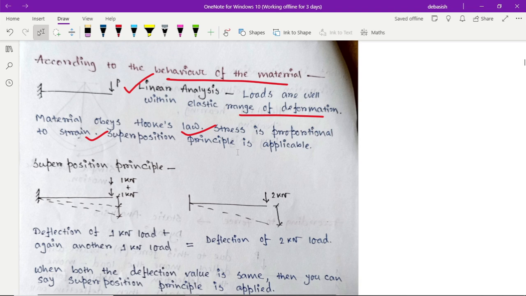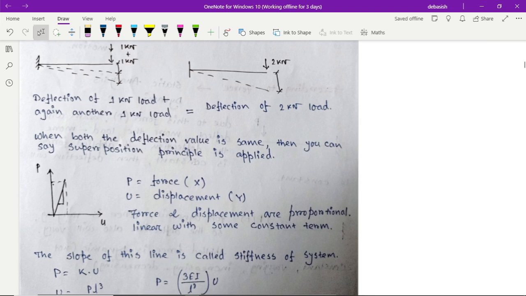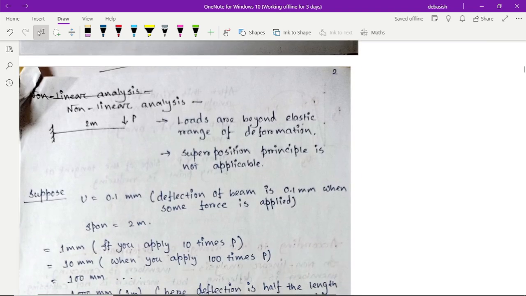So in case of linear analysis, force will be such that the material can obey Hooke's law, or the stresses can be limited to the range of the yield point or the proportional limit. In that case, linear analysis can be performed.